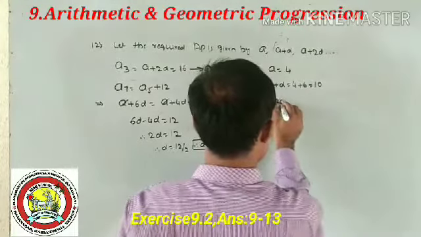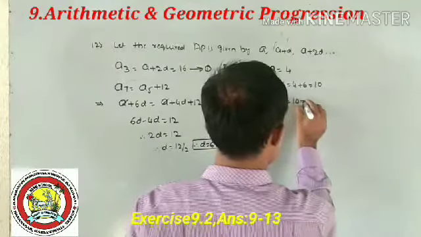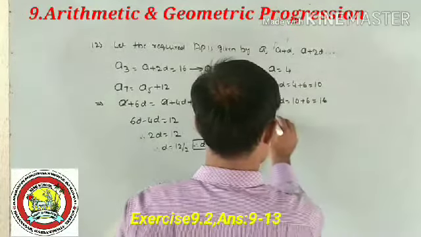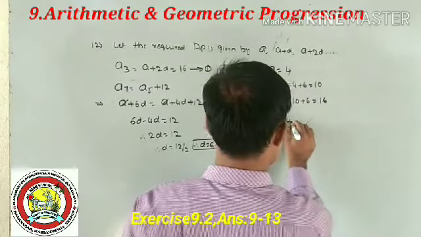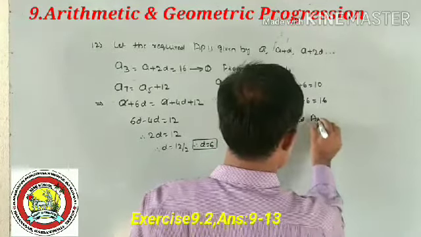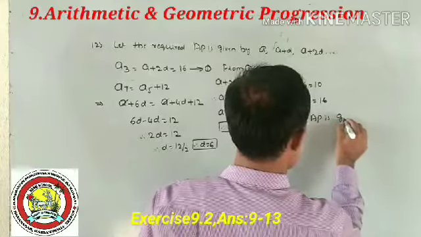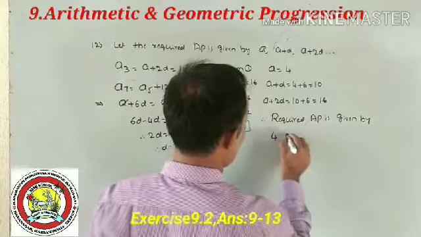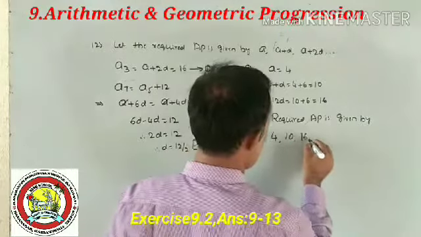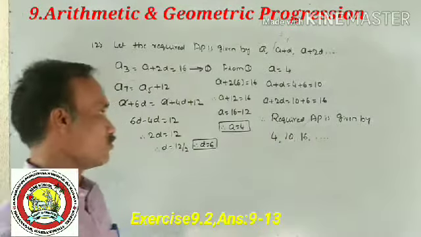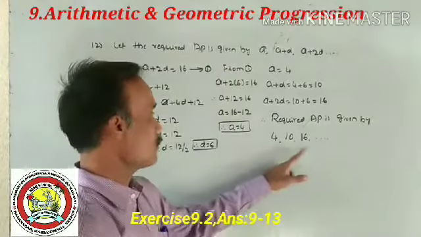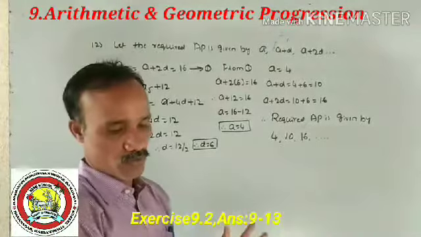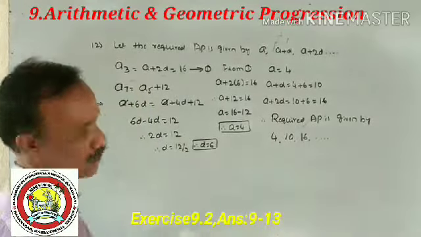A plus 2D, or 10 plus 6, both are the same, that is 16. Therefore the required AP is given as 4, 10, 16 and so on. Now we check: 10 minus 4, 6. 16 minus 10, 6. So this is the required AP, 4, 10, 16 and so on.